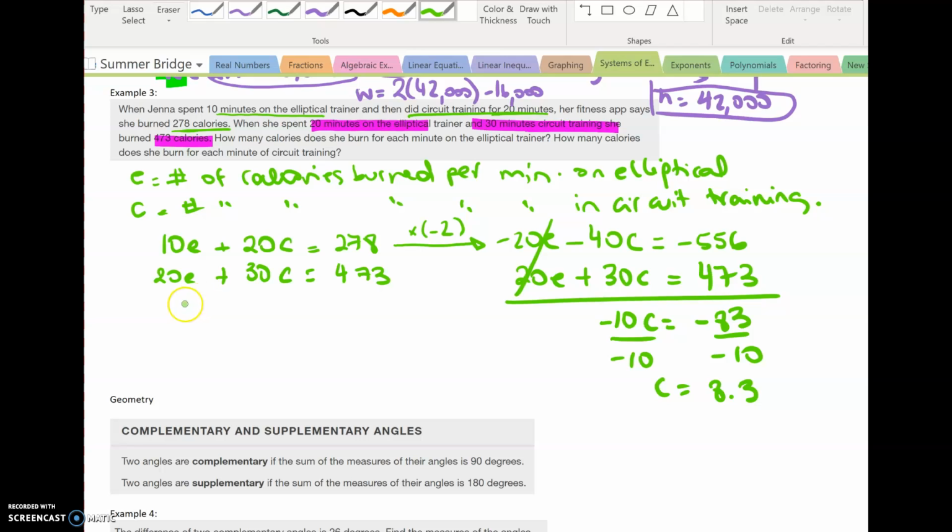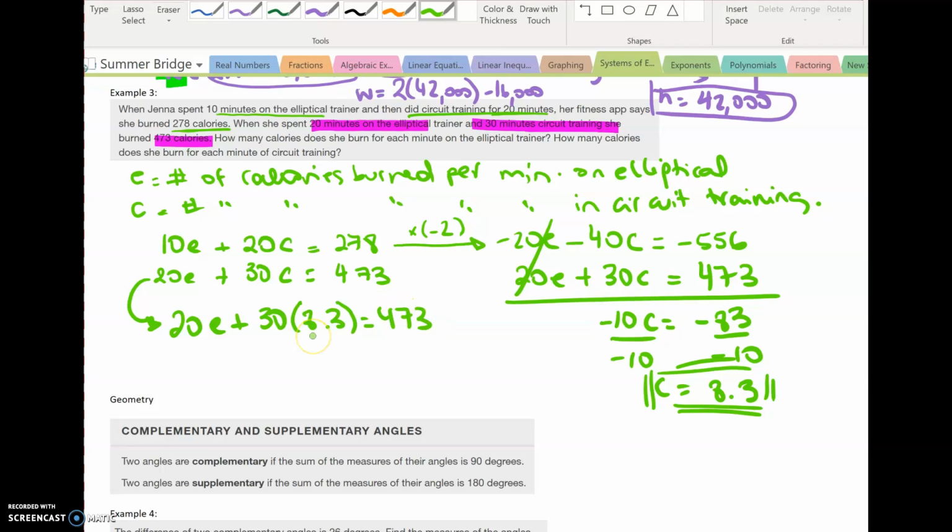To find out what the calories per minute on the elliptical would be, I'm just going to take that second equation and plug in my C value. So I'm going to have 20E plus 30 times 8.3 is equal to 473.